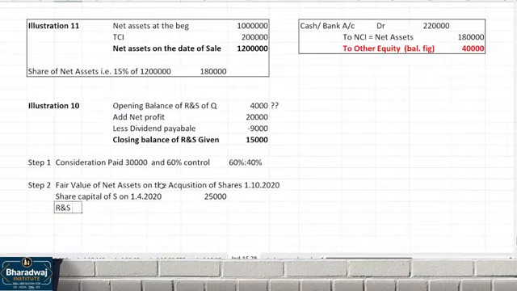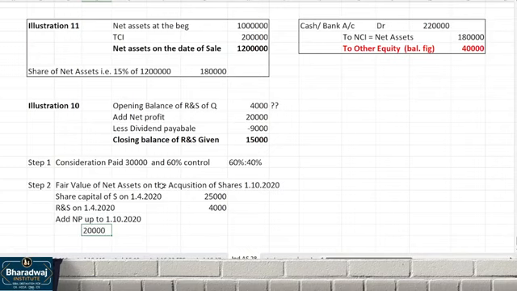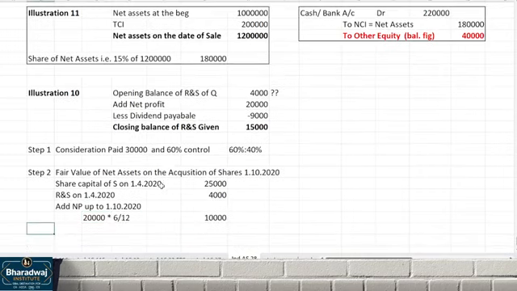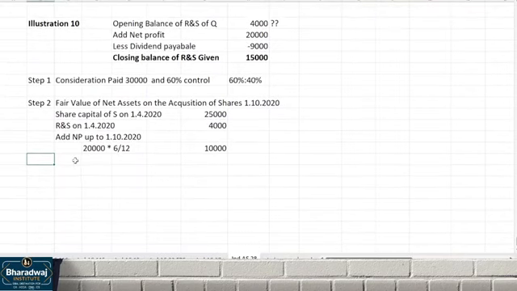Reserves and surplus 4,000. Then add net profit up to the date of purchase 1/10/2020, the 20,000 including dividend, into 6/12, 10,000. Take it up.